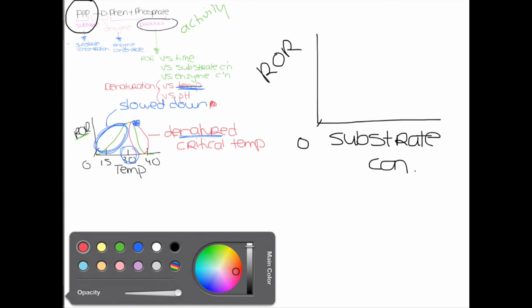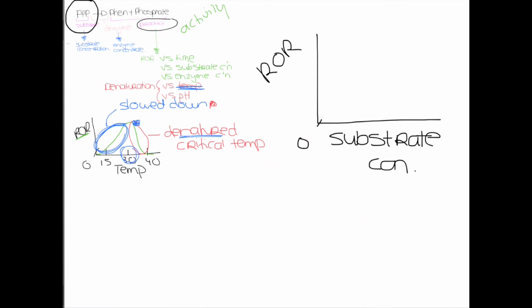Again, 0 is always here. The amount of ppp that we have, the reaction, because of the enzymes, it's going to be moving across, and there's going to be less and less concentration.